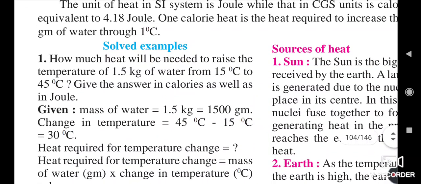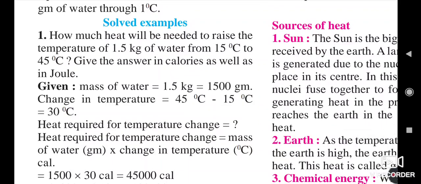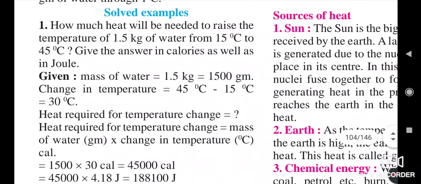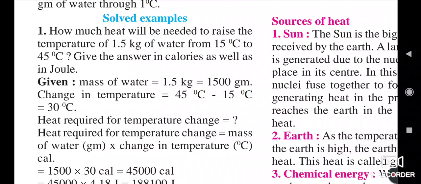Okay, so how do we calculate the mass of water and the change in temperature? Here we have a solved example, but we will get the explanation after completion of the concept of heat.